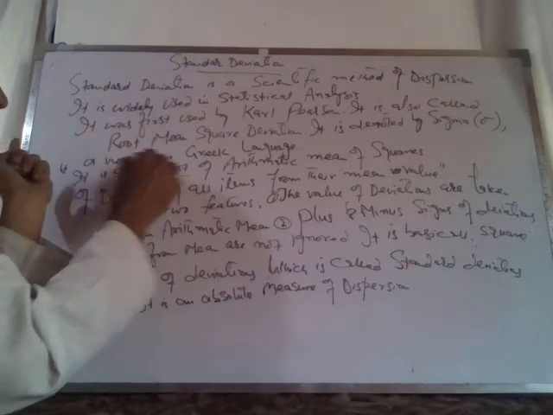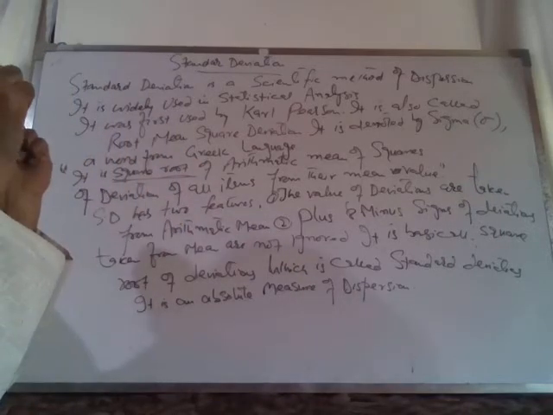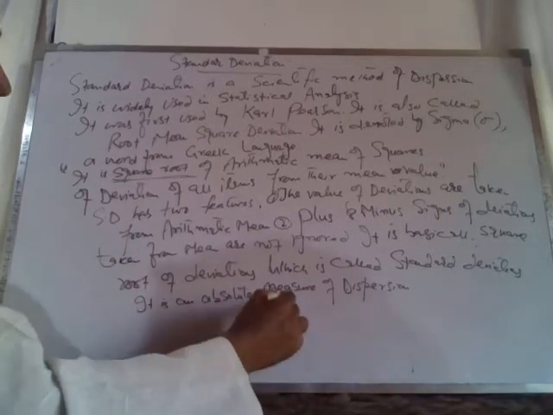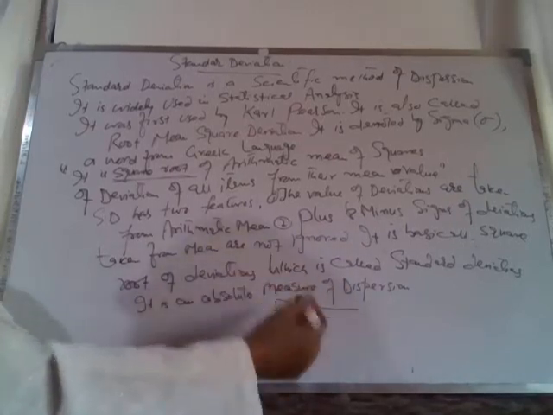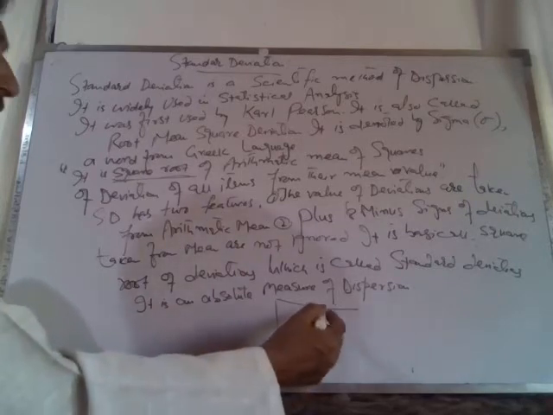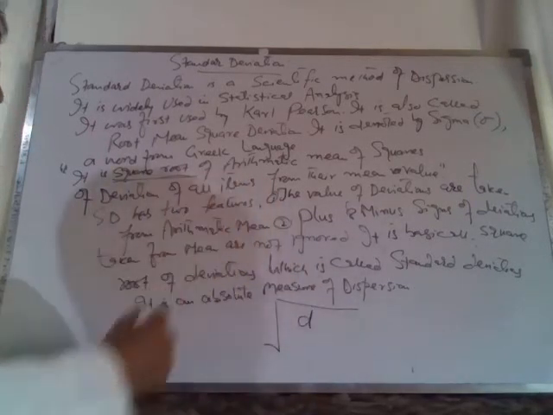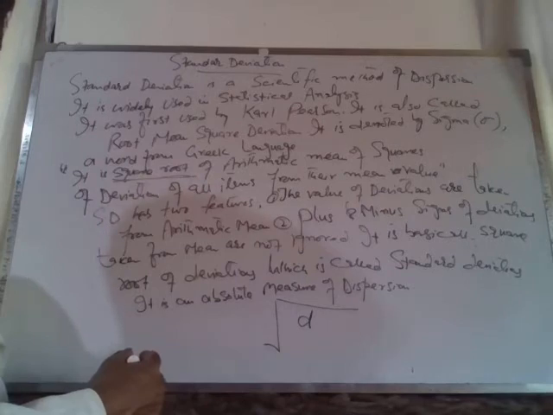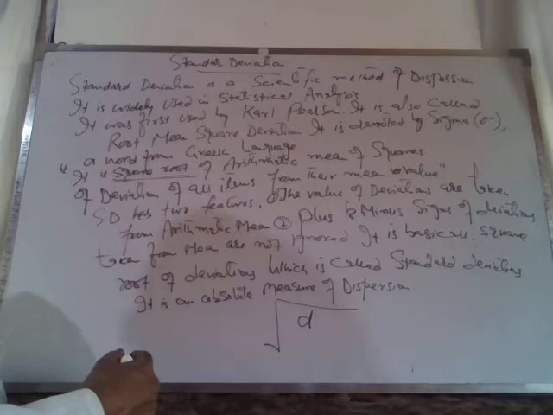It shows that it is a root of something. It is basically the square root of the squares of deviations of all items from their mean value.